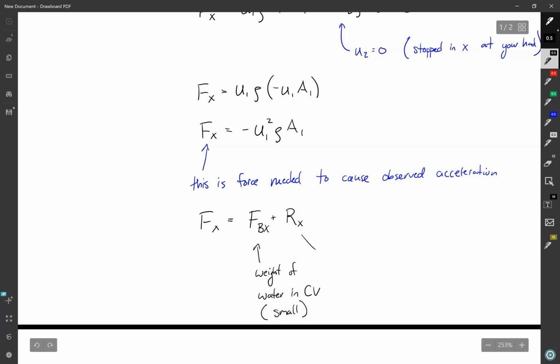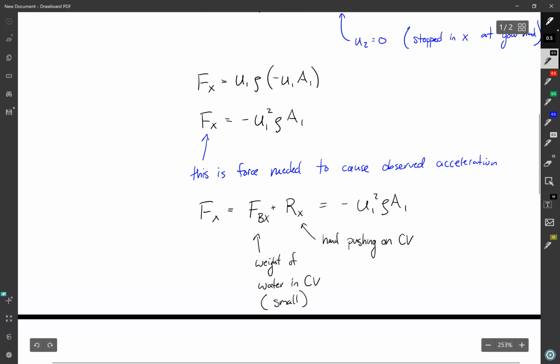Then Rx is the other force acting in the x direction, your hand pushing on the CV. So that equals negative u1 squared rho A1.